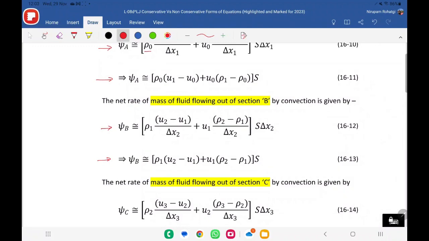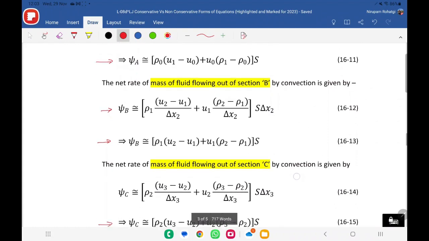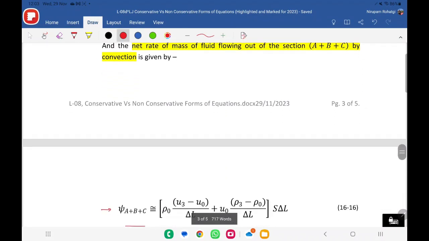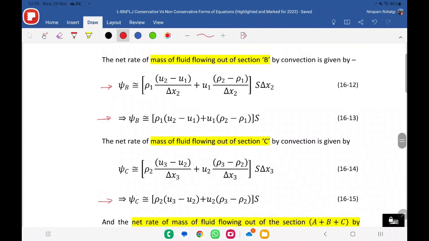Now rho u1 u0, none of it will cancel, this is u0 so it will not cancel. And u1 and rho1 rho2, all these will not cancel out. So you will have 4 terms here, 4 terms here, 4 terms here, 12 terms.